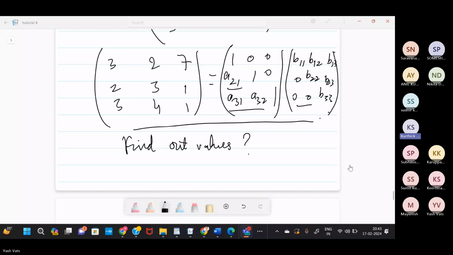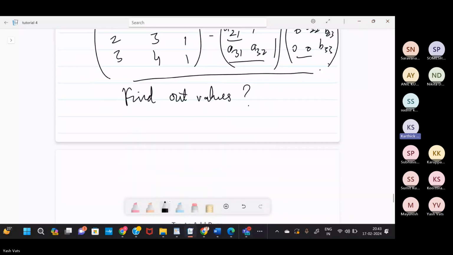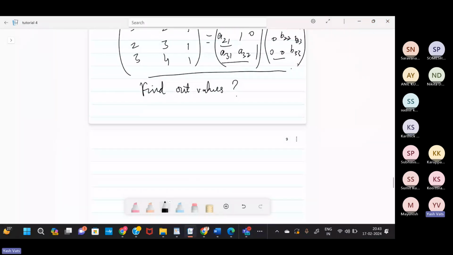Sir, shall I tell the matrix? Yes. The first row of L is 1, 0, 0. The second row is 2 by 3, 1, 0. The third row is 1, 6 by 5, and 1.